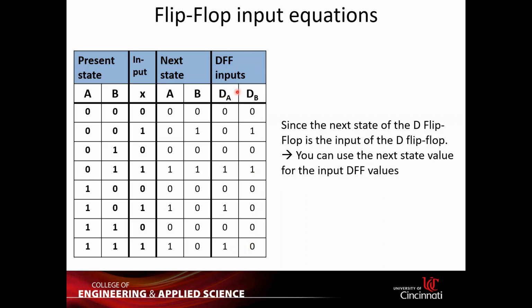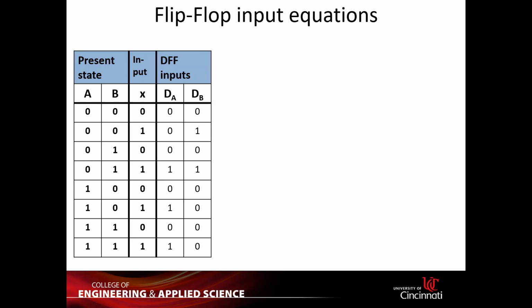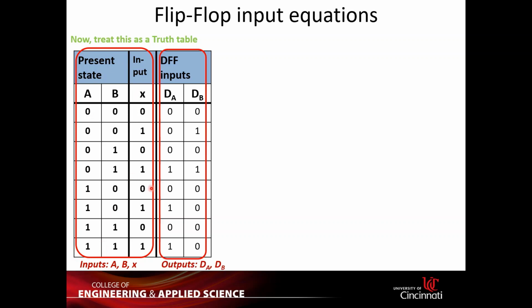Okay. So this one, the same. So now I simplify this table down into present state, input, and DFF inputs. So now I can actually treat this table like a normal truth table, okay, with present state and inputs A, B, and X as the inputs of the truth table, and the DFF inputs columns DA and DB as the outputs.